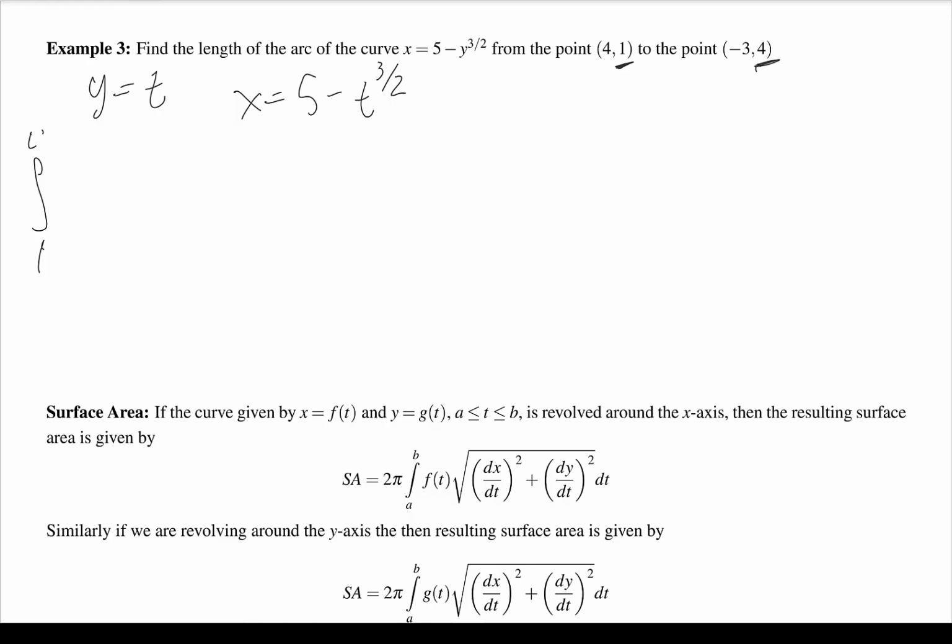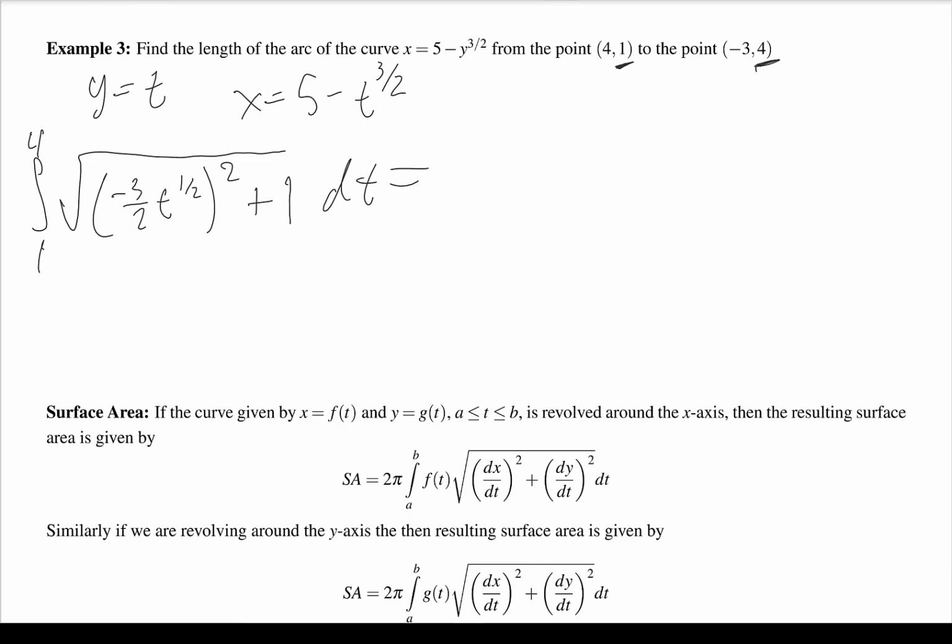So we'll have the integral from 1 to 4, square root, so let's see, dx/dt will give us negative 3/2 times t to the 1/2, squared, plus, then I need my dy/dt. Well, the derivative of t is just going to be 1, so this will be 1 squared, which is 1, and then dt.